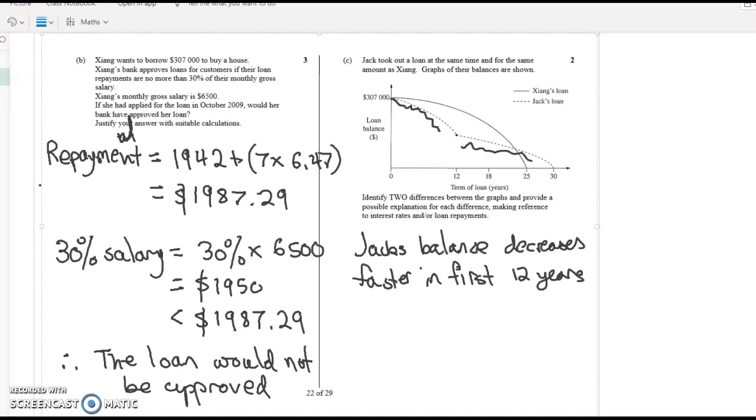And what could a reason be for that? One possible reason could be because of a lower interest rate, and another reason could be that he made larger repayments. Okay, Jack's balance decreased faster in the first 12 years, and the reason could be a lower interest rate.